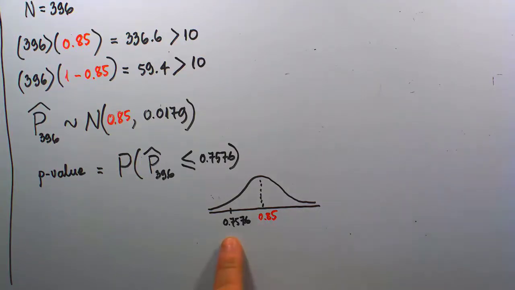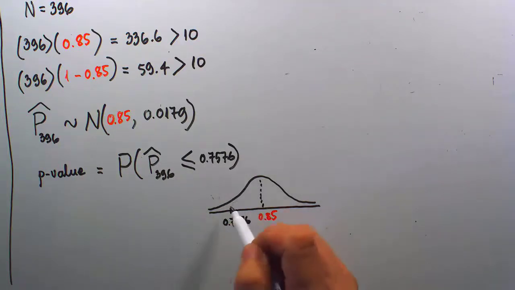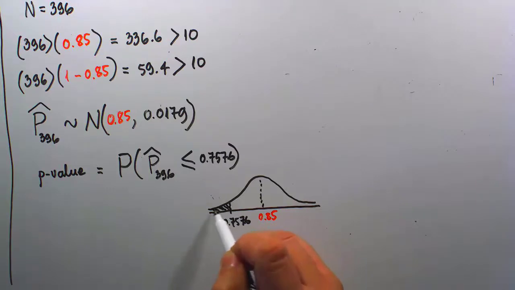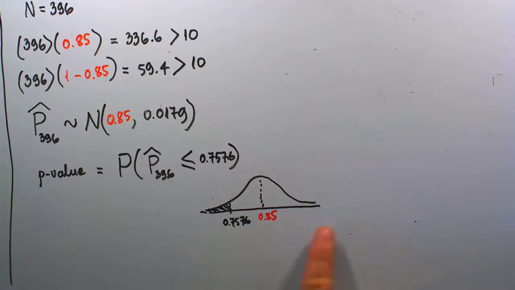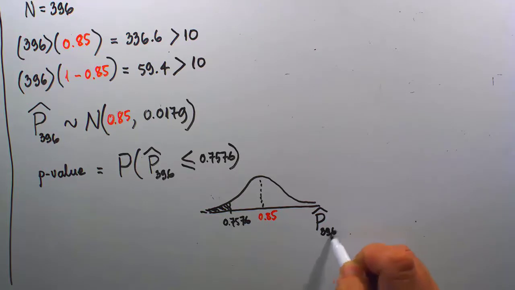So this is our sample, this is the claim. This probability calculation setup can be calculated as a bell curve problem, where I would shade the area to the left side of where our sample is on this bell curve. And this is the bell curve for all sample proportion values at size 396.